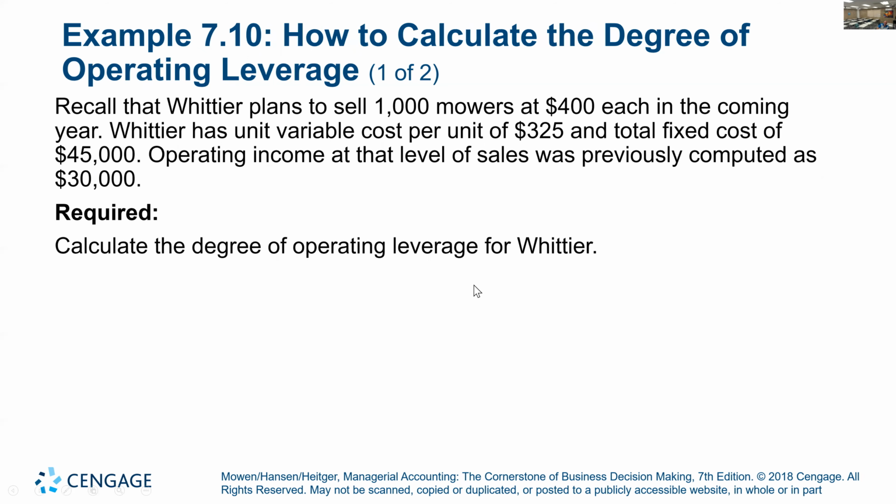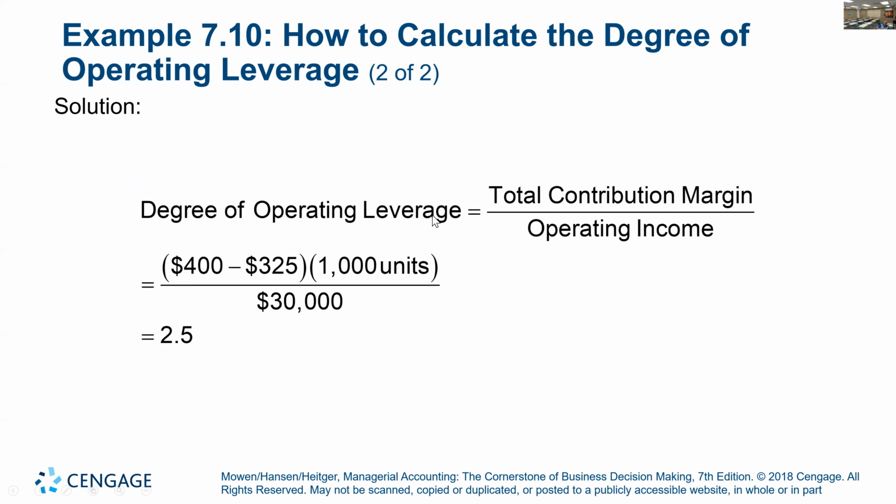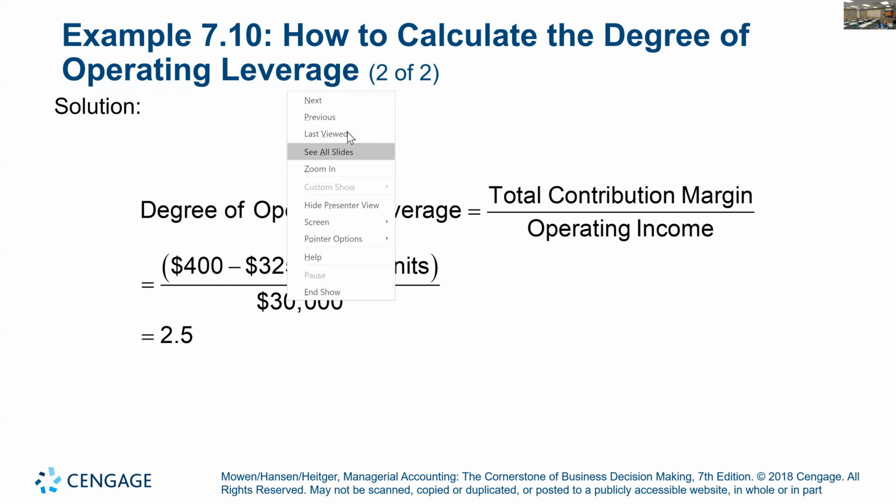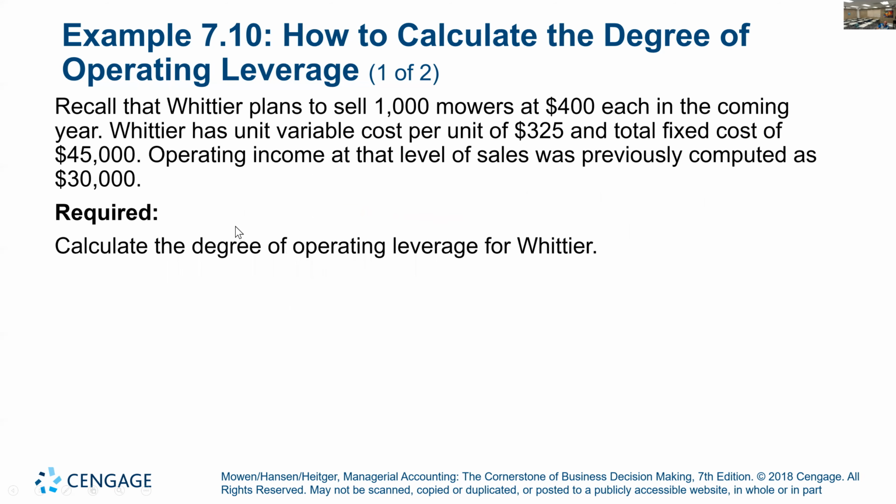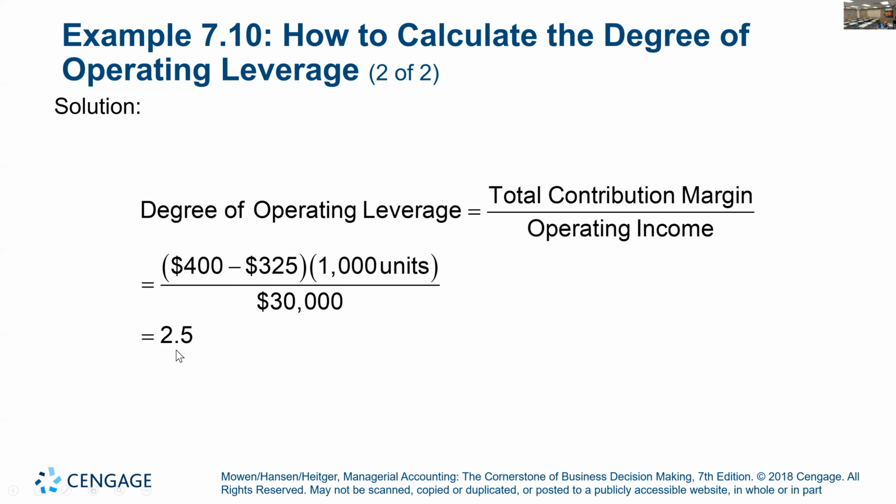And then operating leverage. Here we have to find our total contribution margin, which was 75 per unit, multiplied by 1,000 units sold. So that's a total of $75,000 divided by the operating income, which was given here, $30,000, which gets us an operating leverage of 2.5.